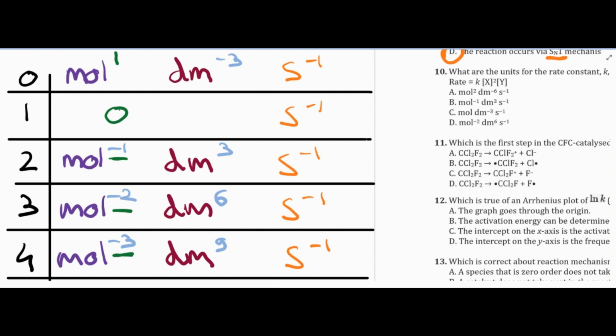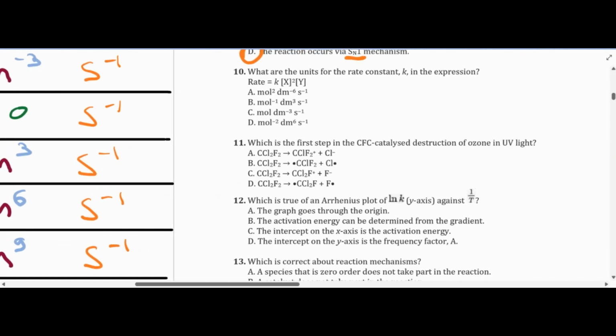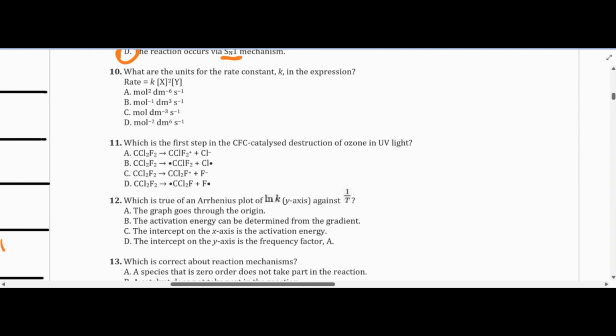Then for the decimeters, again, that's -3. This would be 0 because we're increasing by 3 every time. And then the seconds always stay the same, -1. So if you can find your own pattern or think of a way to do it, then you're able to write it out in the exam really quickly and then identify which one it is. So then that would mean 10 is D.